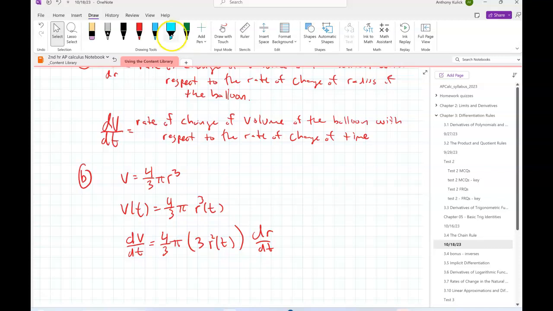Where did the chain rule happen? When I took the derivative of r of t cubed, I did the derivative of the outside to get 3 r of t squared times the derivative of r with respect to t. That's when the chain rule happened, right? Yes. But that's it for B.